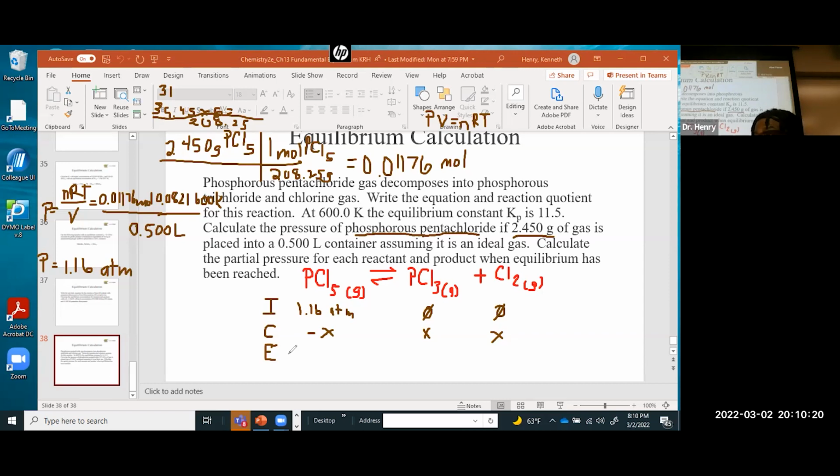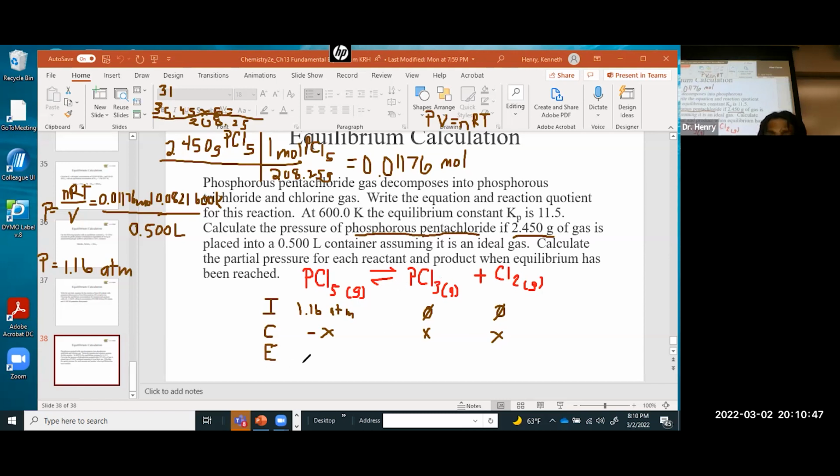Because you're losing something, right? And if you're losing, where's it going? To the products, right? And remember, we're talking about moles, so it's important that we do the right mole ratio. In this case, it's 1 to 1, because literally this molecule is being split up into this component and that component.